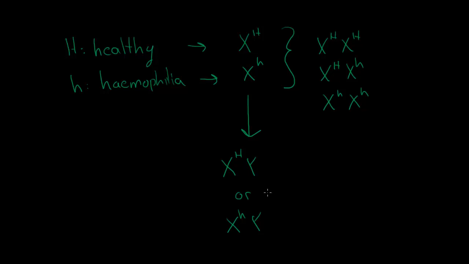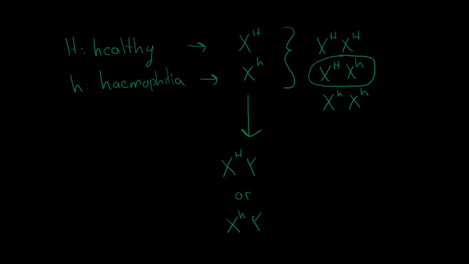So males cannot be carriers of a disease. You can see here, when a female is heterozygous, she is a carrier for a disease. A carrier means someone that is healthy but carries one faulty gene. Males cannot be carriers of that disease. Either they are healthy or they have the disease because they only have one allele.